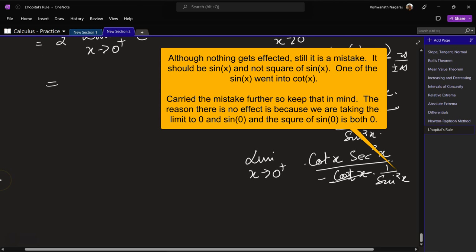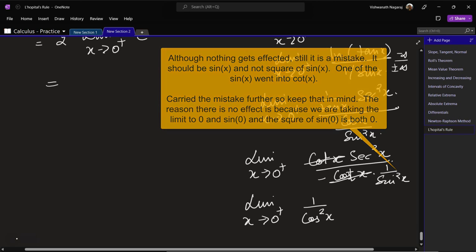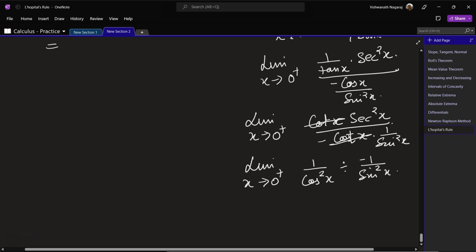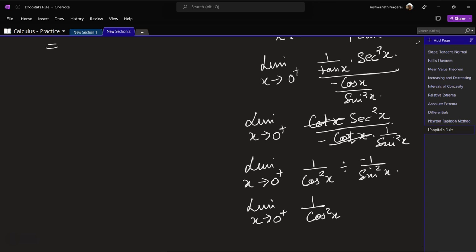So cot x and cot x get cancelled, and we end up with limit as x approaches 0 from the positive side of 1 by cos square x, right? And then divide by minus 1 by sine square x. So limit as x approaches 0 from the positive side of 1 by cos square x times minus sine square x.